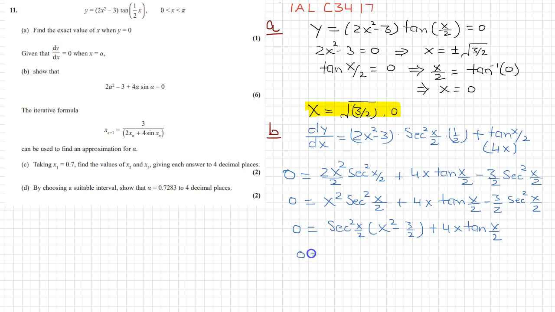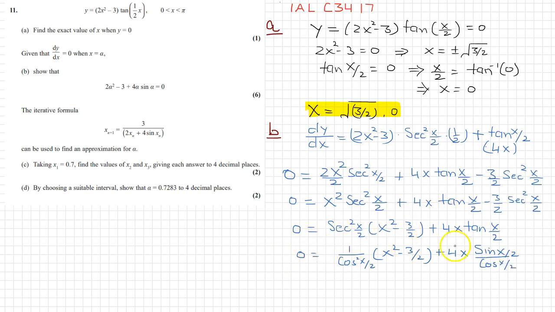So 0 is equal to 1 over cos²(x/2) times (x² − 3/2) plus 4x sin(x/2) divided by cos(x/2).